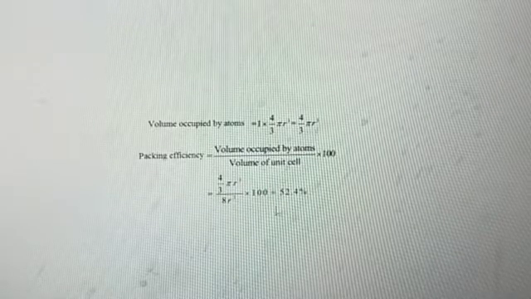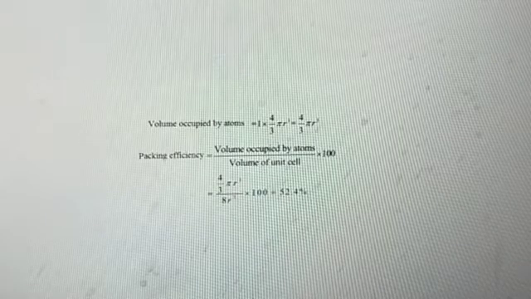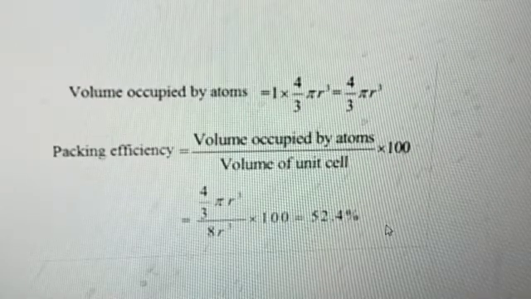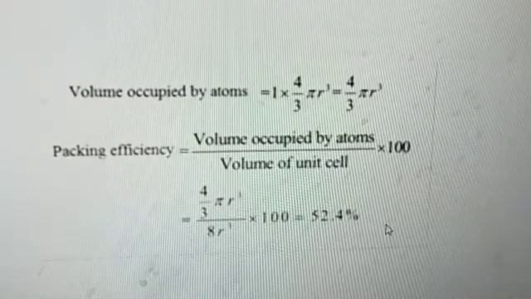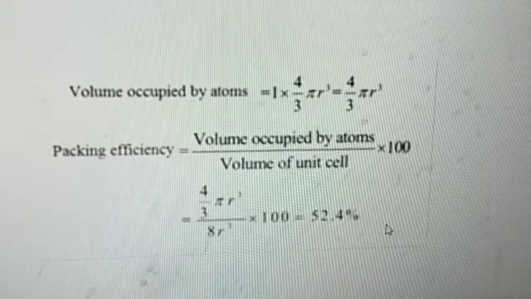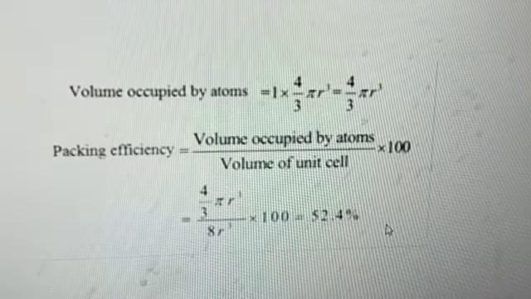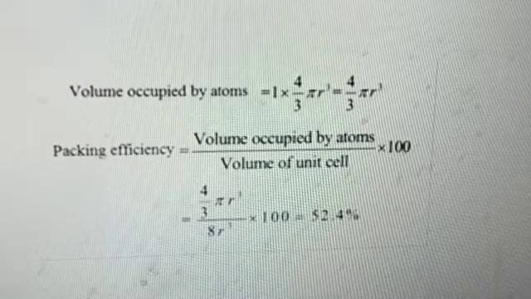If we calculate it, how much will we get? We'll get 52.4%. 52.4% is the packing efficiency of simple cubic lattice. That means in a simple cubic lattice only 52.4% of the space is occupied by the constituent particles.